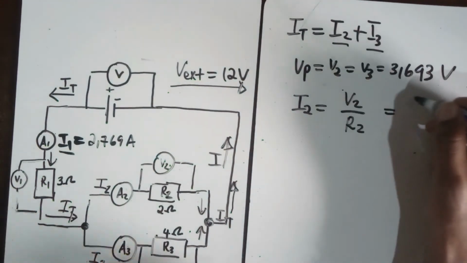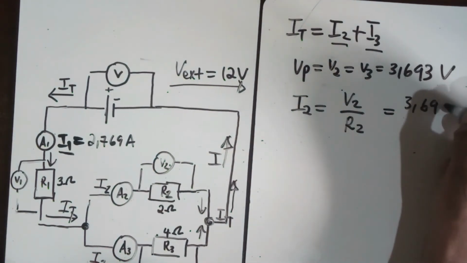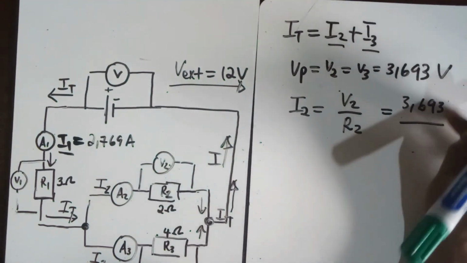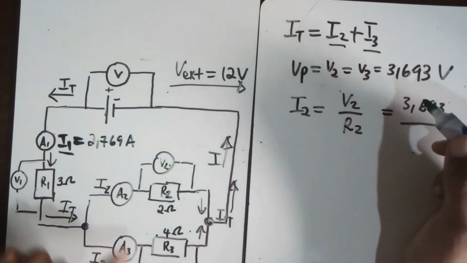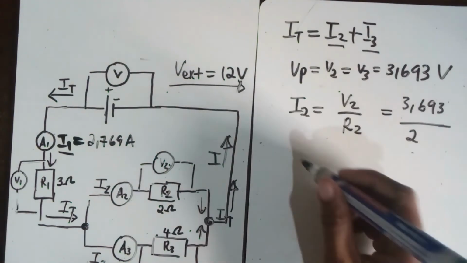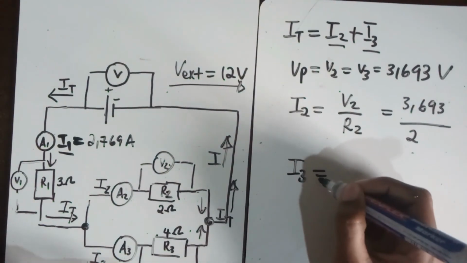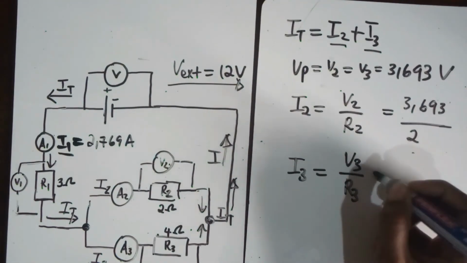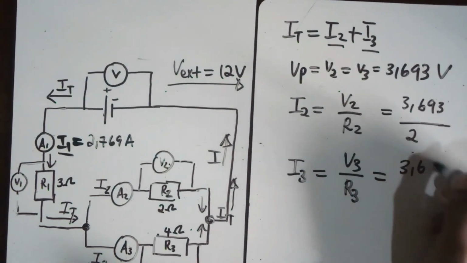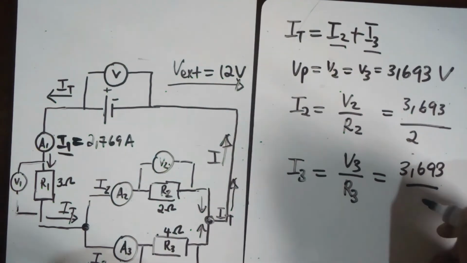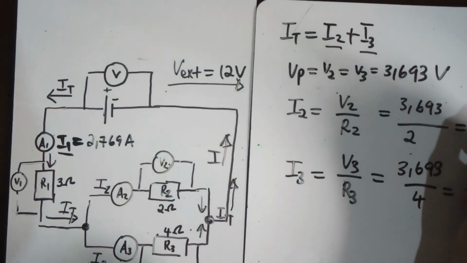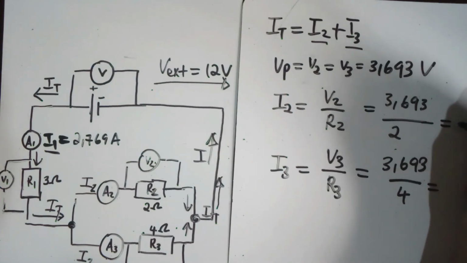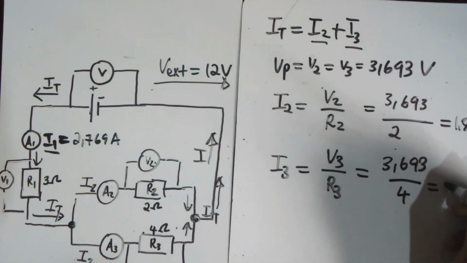So V2 is 3,693 volts divided by 2. And I3 as well, because it will be the reading on this ammeter there, is V3 divided by R3, which gives us 3,693 divided by 4. So you can just put this in your calculator. Here you'll come to a value of about 1,85 amperes, and here you come to a value of 0,92 amperes.